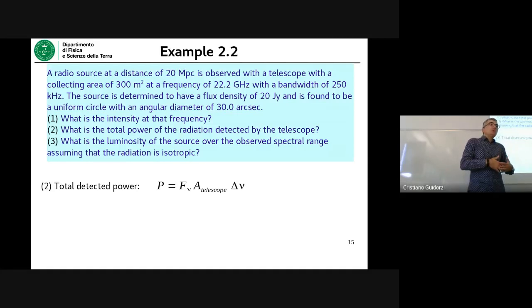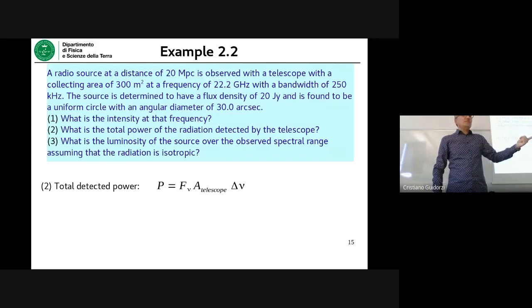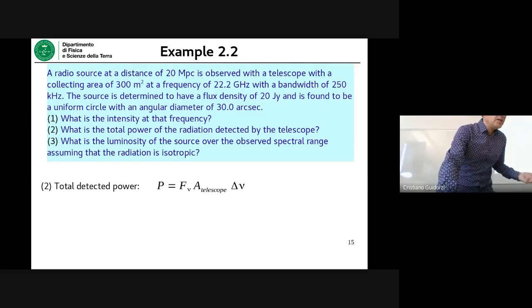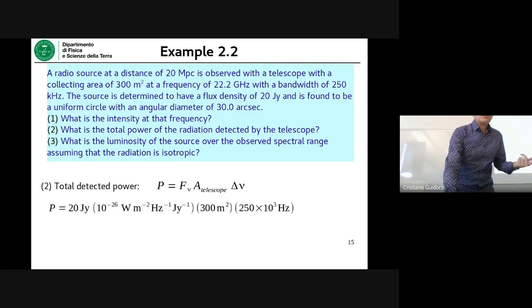So you want to consider all the frequency range through which the telescope is collecting radiation, as well as the area. You calculate it. You have the specific flux, so energy per area, per frequency, per unit time. So you multiply just by the collecting area and by the frequency range. And so you are left with energy per unit time. So the total power collected by the telescope.